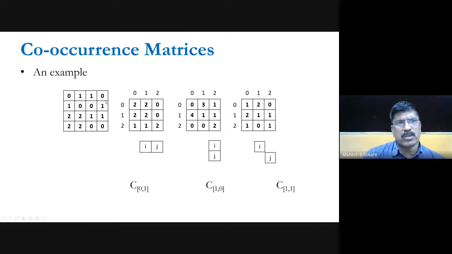So for 0, 1, one combination is there. Then others, no. Here also, no. But here you will find that 0, 1 is there, and also here you will find this one. So this is 3, right? I hope that you are getting what I'm saying. Are you getting it?